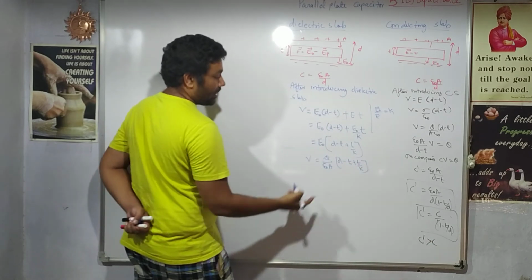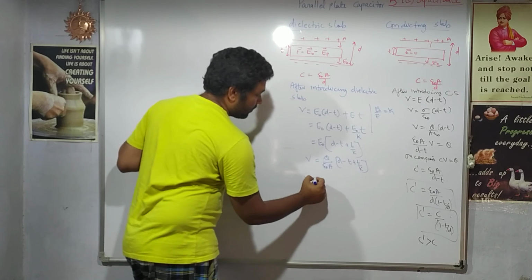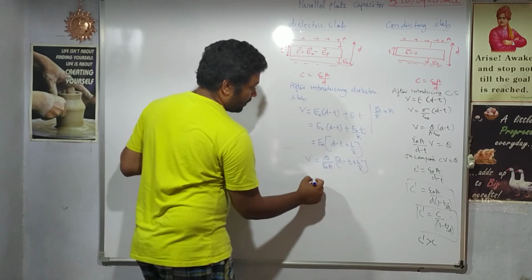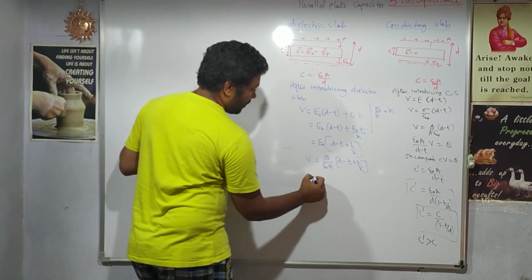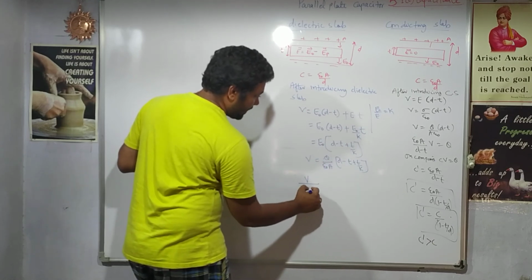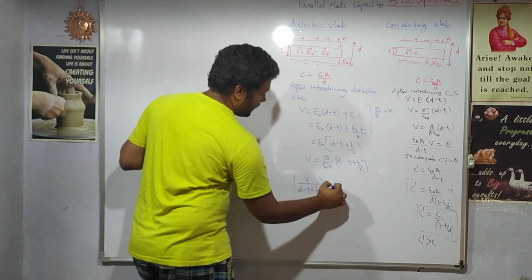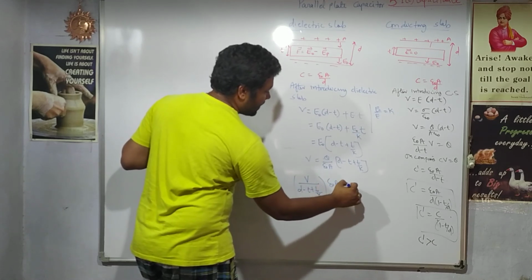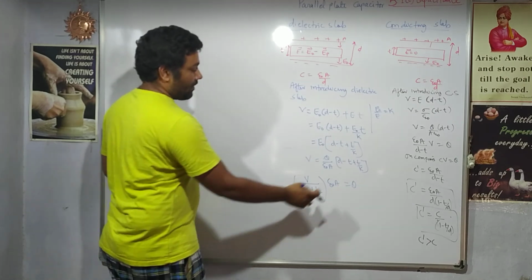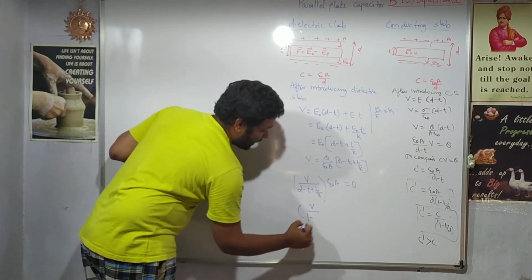This is the potential, and now if we rearrange this equation, V into D minus T plus T by K, times epsilon naught, is equal to Q. I want D here, so I will take out D common.